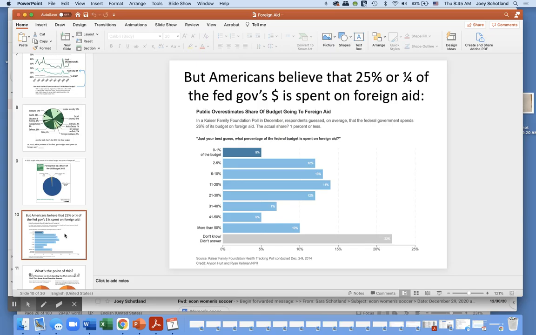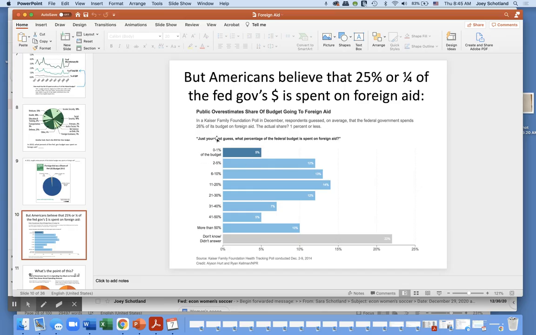But, and this is really important, most Americans believe that on average, 25% or a quarter of the federal government's money is spent on foreign aid. Okay? So most Americans are clueless and totally wrong.